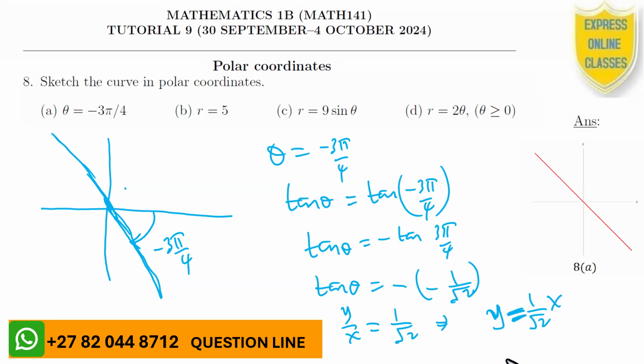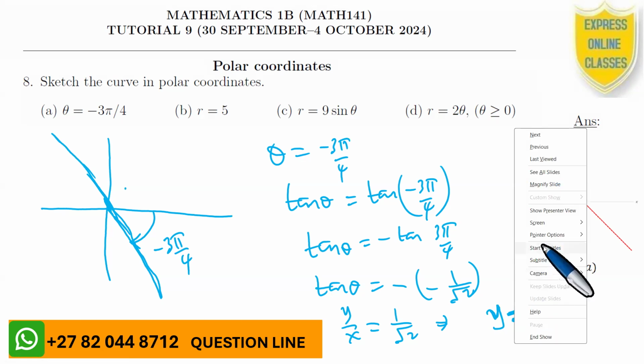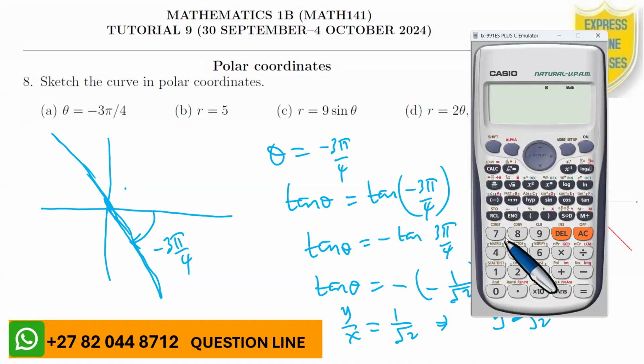Now you can be in a position to see this exactly. Let us take a look at this and use a calculator. If you take the tangent of negative 3 times 45 degrees, since 3 pi over 4 is the same as 3 times 45 degrees, it is exactly a 1.